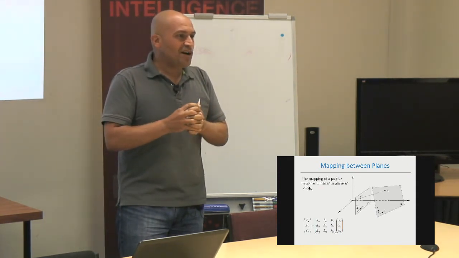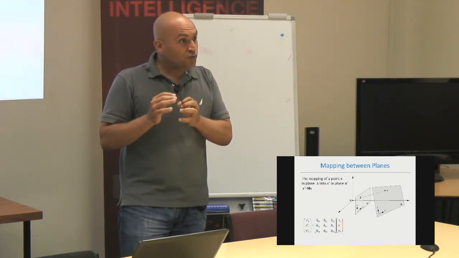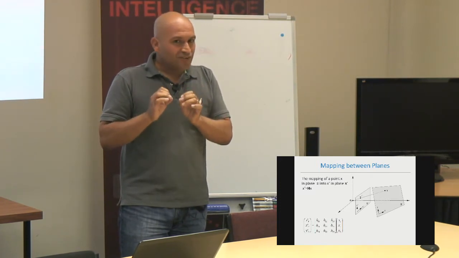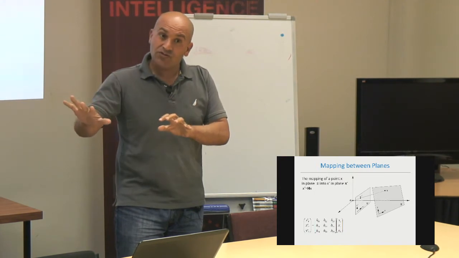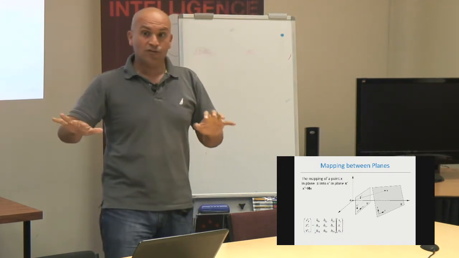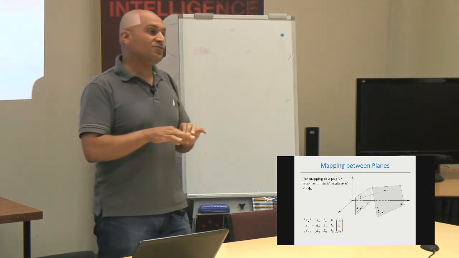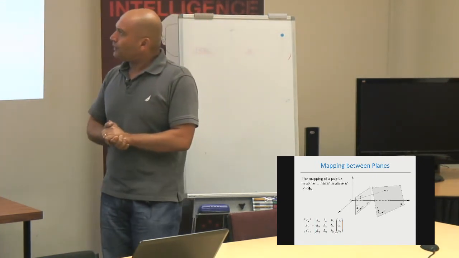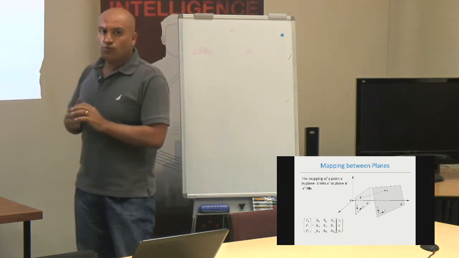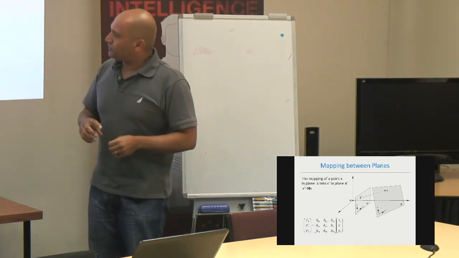The only property which is preserved between the source and the destination, which means before the mapping and after the mapping, is what we call the cross ratio, which I will define later. Now, this is practically how we will perceive the projective transformation.